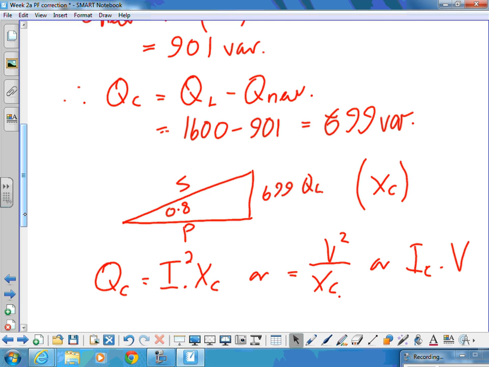So we know this. We just calculated it. What other thing on there do we know out of all those formulae? We know voltage. So we can use that formula to find XC.